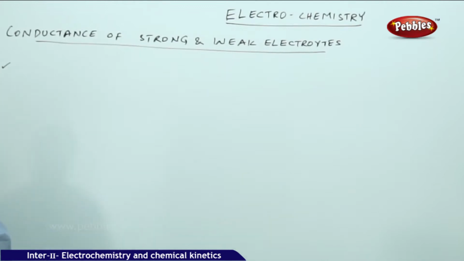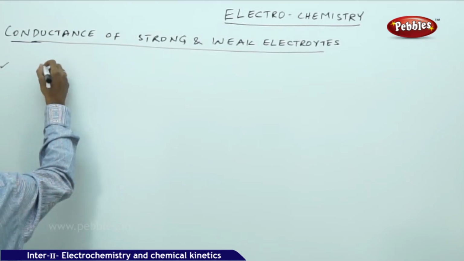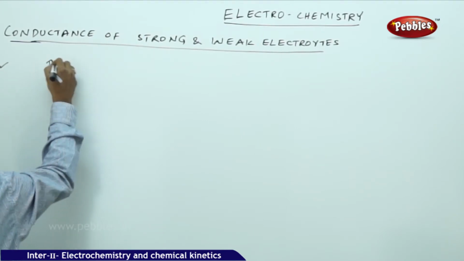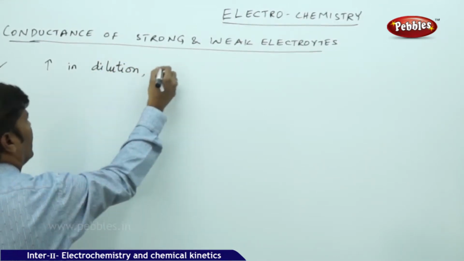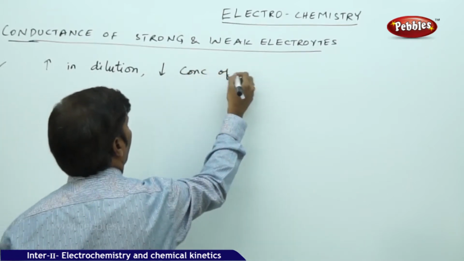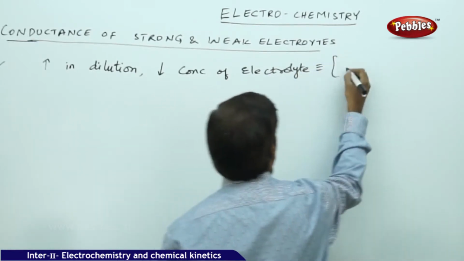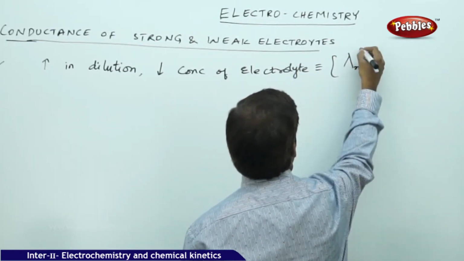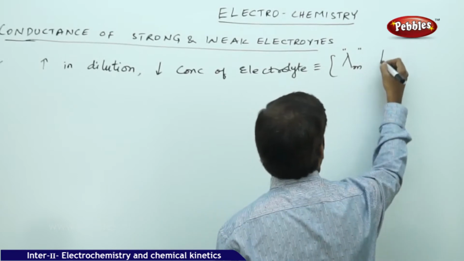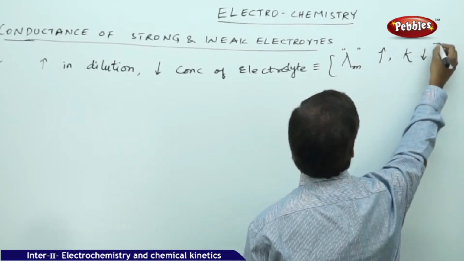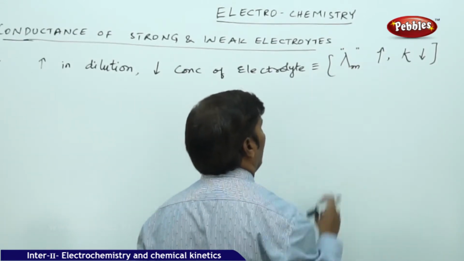That is, upon increase in dilution, the concentration of electrolyte decreases, and so there is an increase in the molar conductance and a decrease in specific conductance. K stands for specific conductance or conductivity, and lambda m represents the molar conductance.